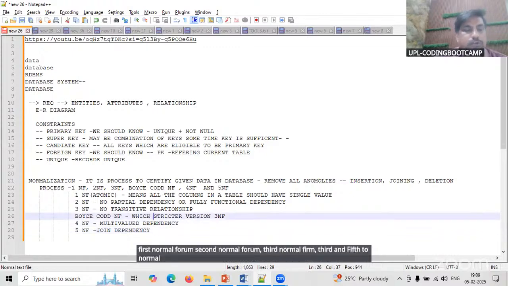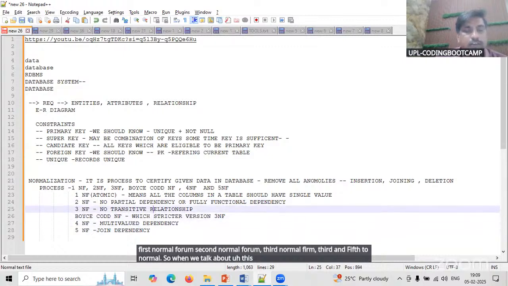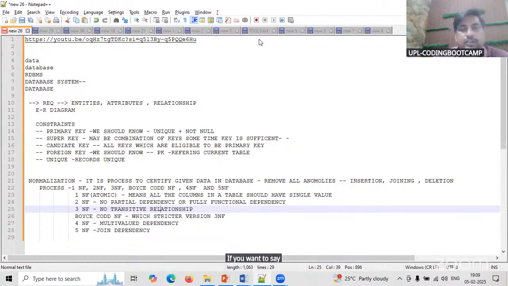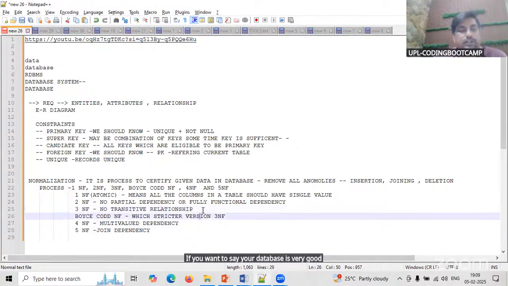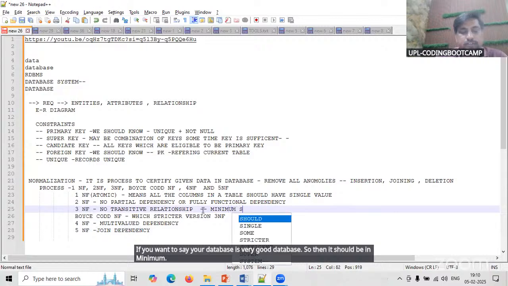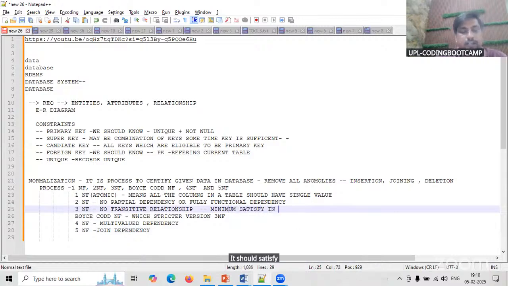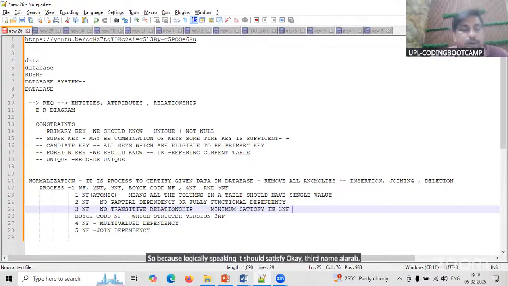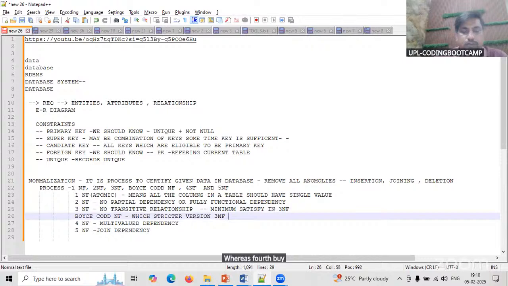When we talk about this, if you want to say your database is a very good database, then at minimum it should satisfy third normal form. Because logically speaking, it should satisfy third normal form. Whereas fourth and Boyce-Codd, if you implement this, sometimes we lose.